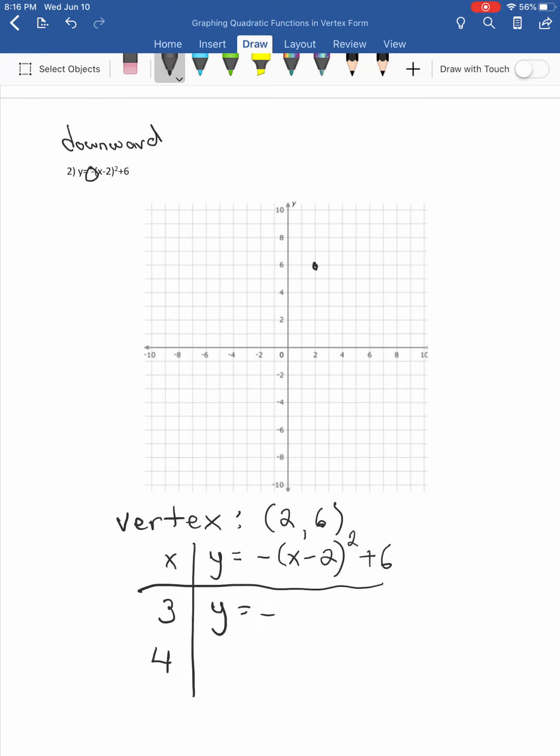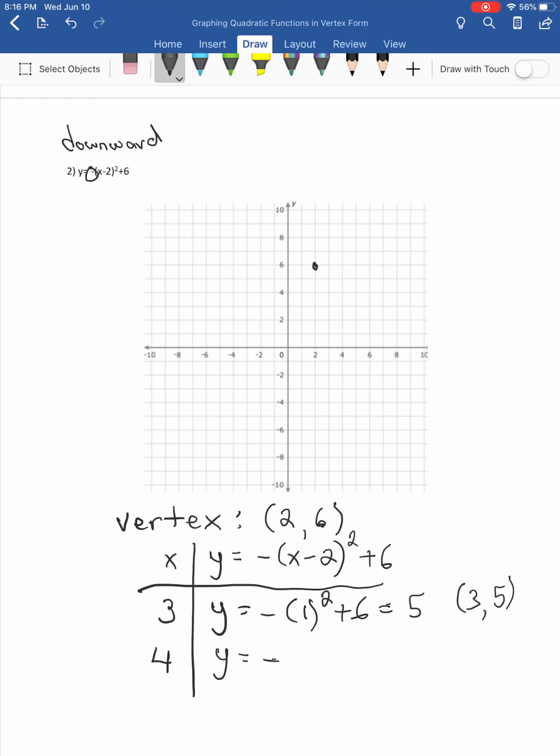So y is going to be negative (3 minus 2), I'm just going to write 1 squared plus 6. So 1 squared is 1, negative 1 plus 6, that's going to be 5. So that's (3, 5).